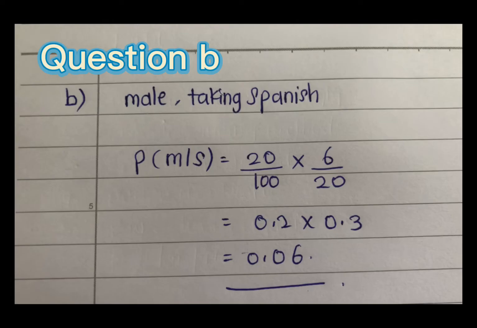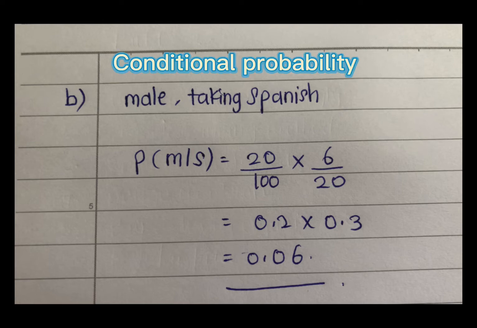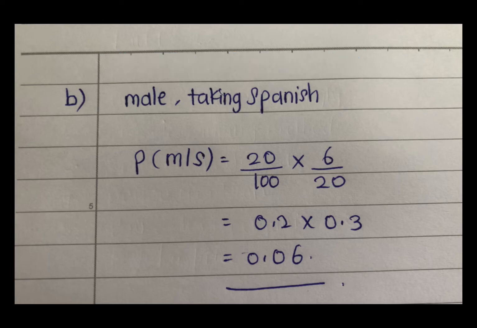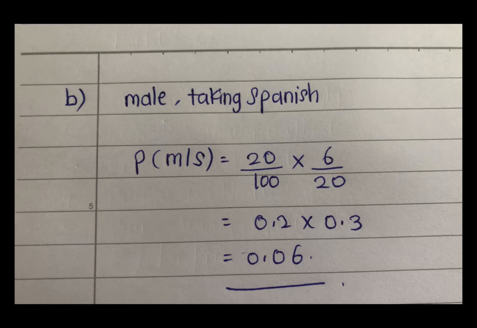For male taking Spanish, we can use conditional probability. This means the probability that an event will occur given that another event has already occurred. From that, we can write P, the probability of male given taking Spanish.